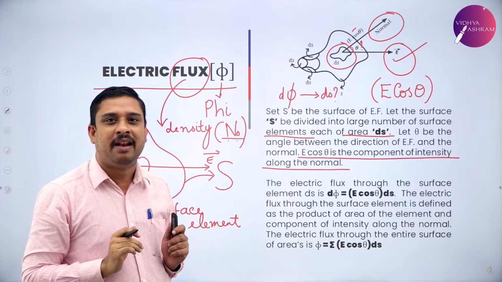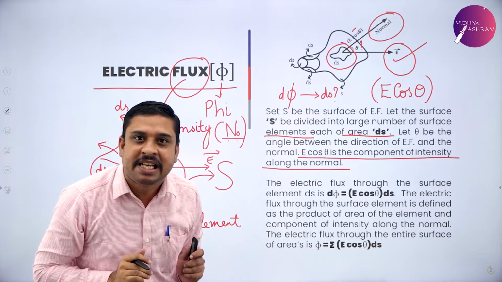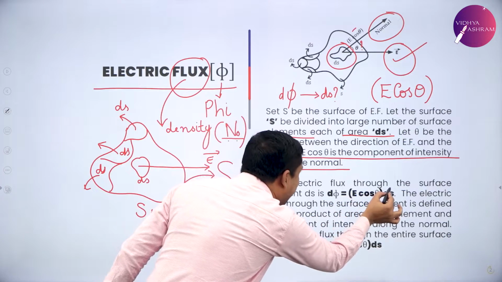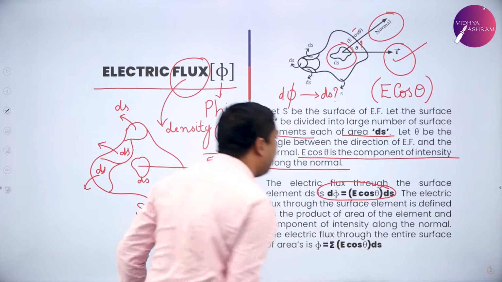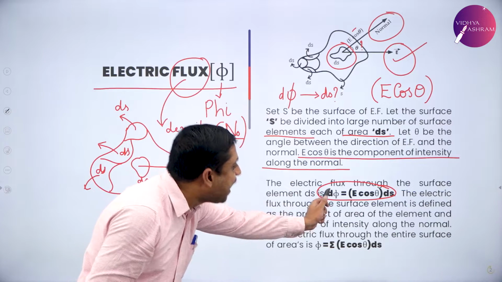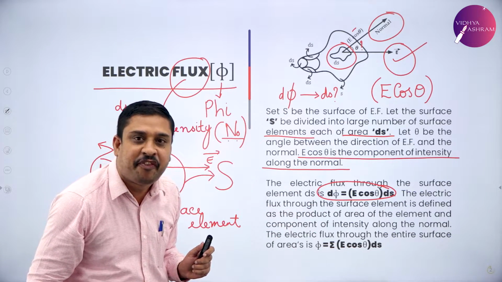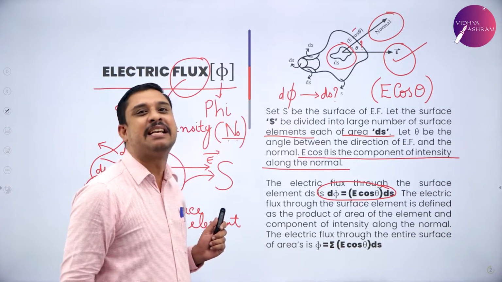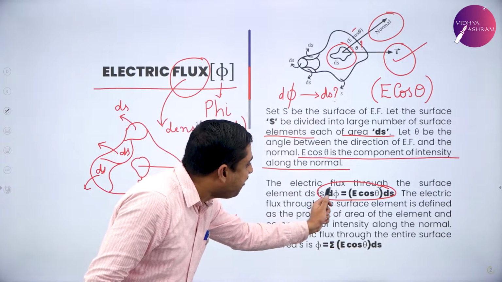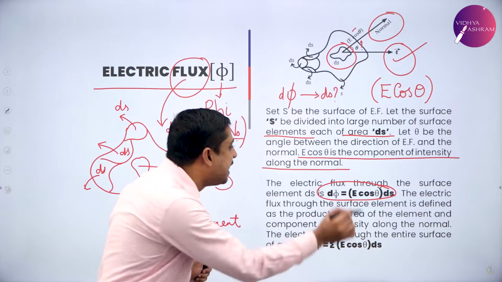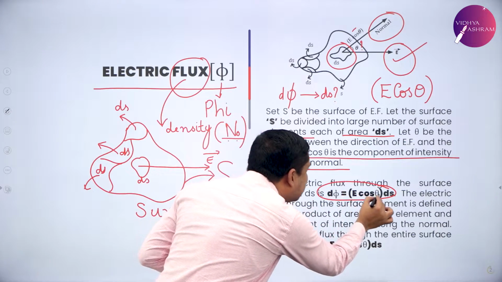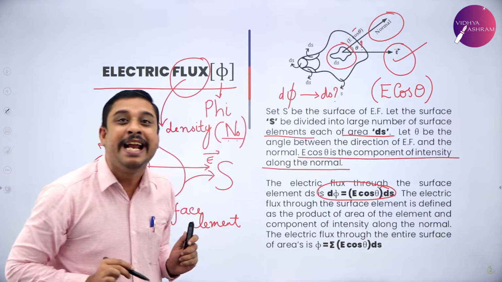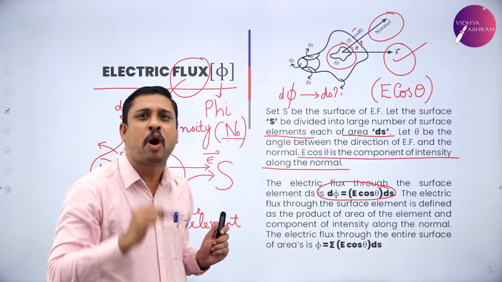Then, what is the electric flux that is related with the surface ds? Very simple. The mathematical definition says, kindly highlight here, d phi, the electric flux across the surface ds, equals E cos theta into ds, a product.